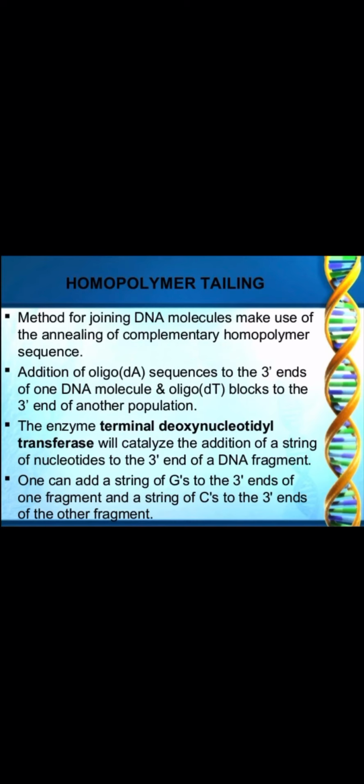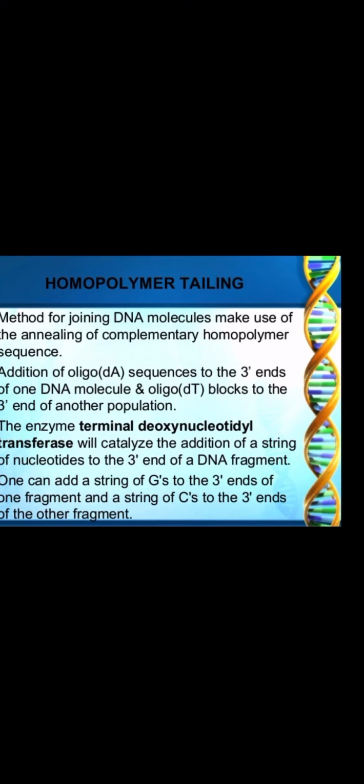The enzyme terminal deoxynucleotidyl transferase will catalyze the addition of a string of nucleotides to the 3' end of a fragment. One can add a string of guanines to the 3' end of one fragment and a string of cytosines to the 3' end of the other fragment. This is called homopolymer tailing.